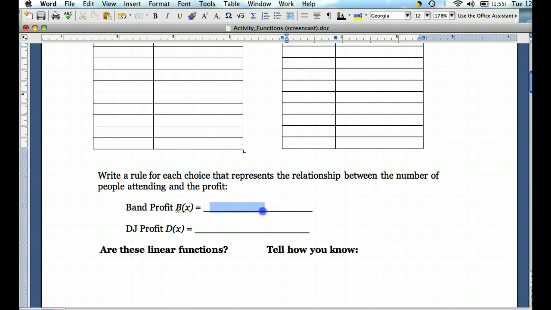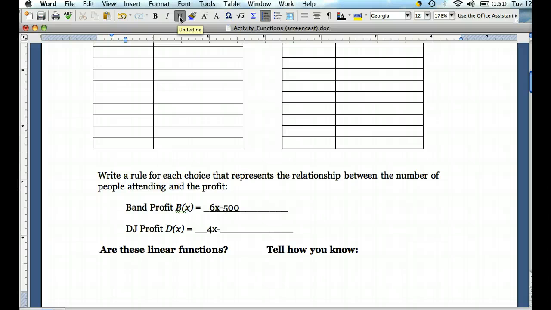So that's actually what we will put here. 6 times x minus the 500. And the same thing for the DJ, except it's not $6 a ticket, it's $4 a ticket, and it doesn't cost $500 for the DJ, it only costs $200.